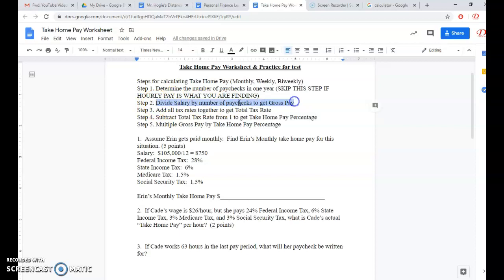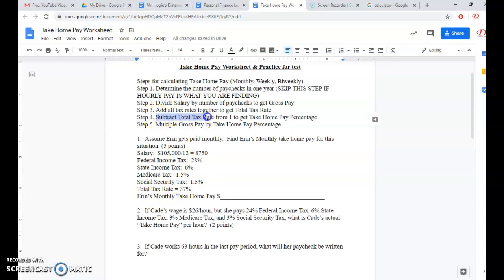I just did that, right? Step 3, add all the tax rates together. So we take 28 plus 6 is 34, plus 1.5 plus 1.5 is 37. So our total tax rate equals 37%. So that's step 3.